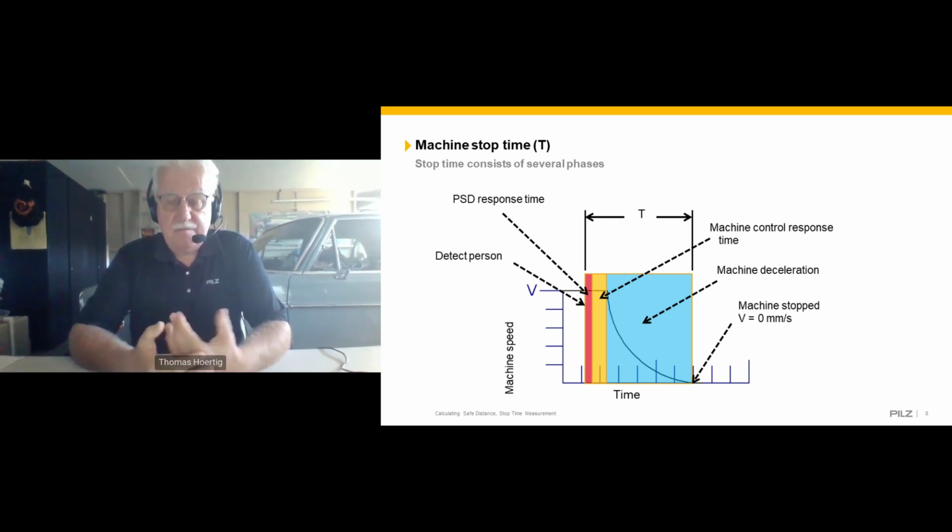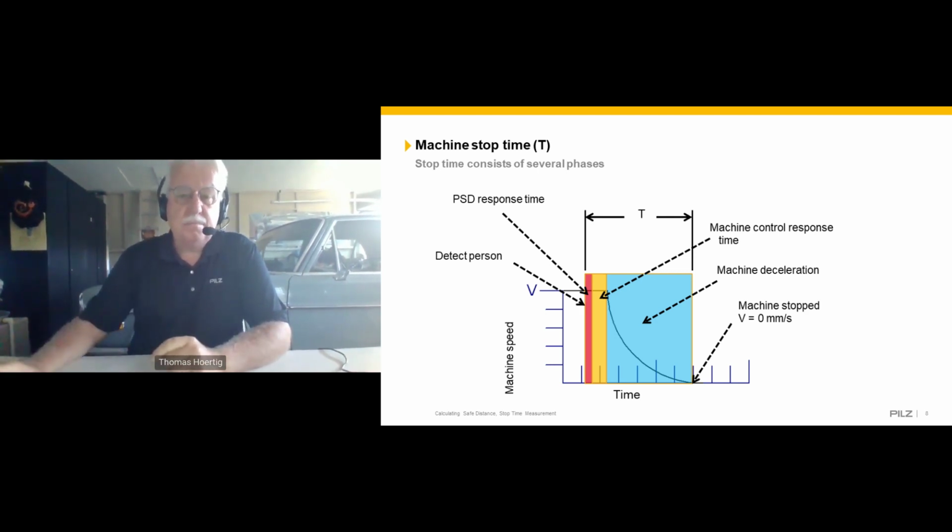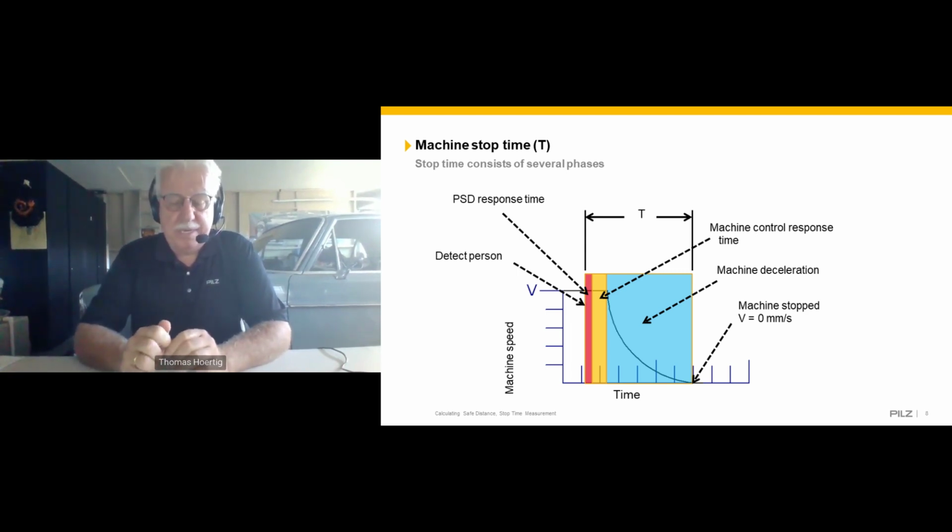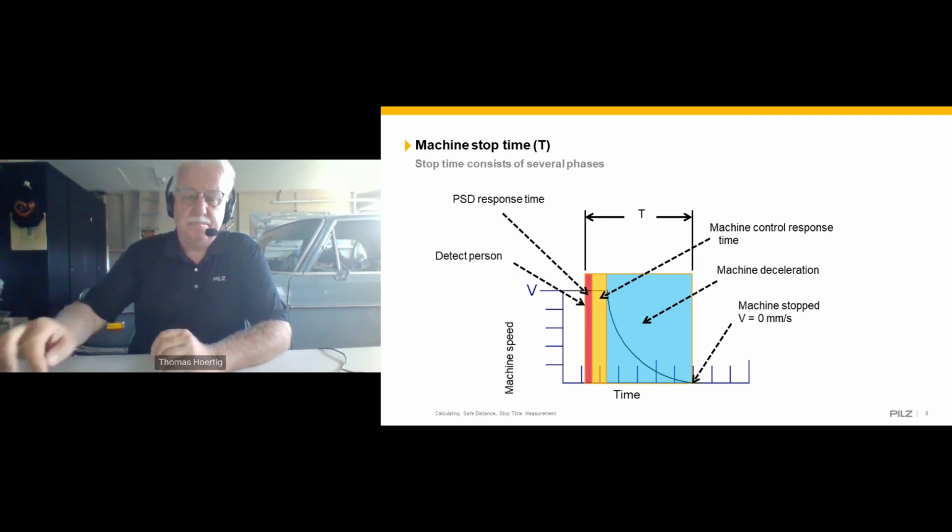This can have many elements: mechanical, hydraulic, pneumatic. It takes quite a significant time to run down until we reach a velocity of 0 millimeters per second.